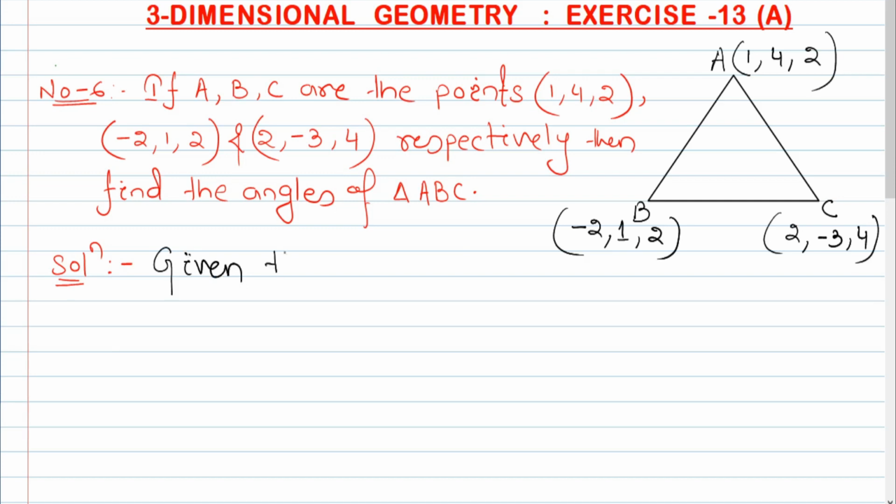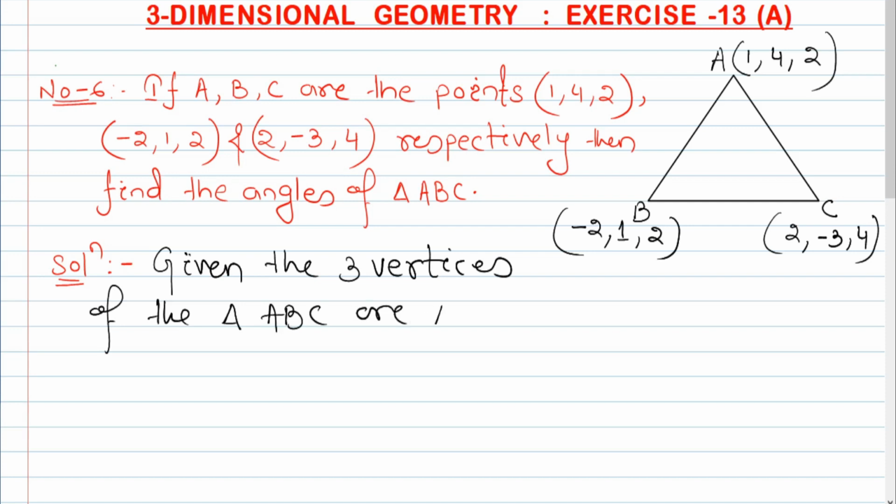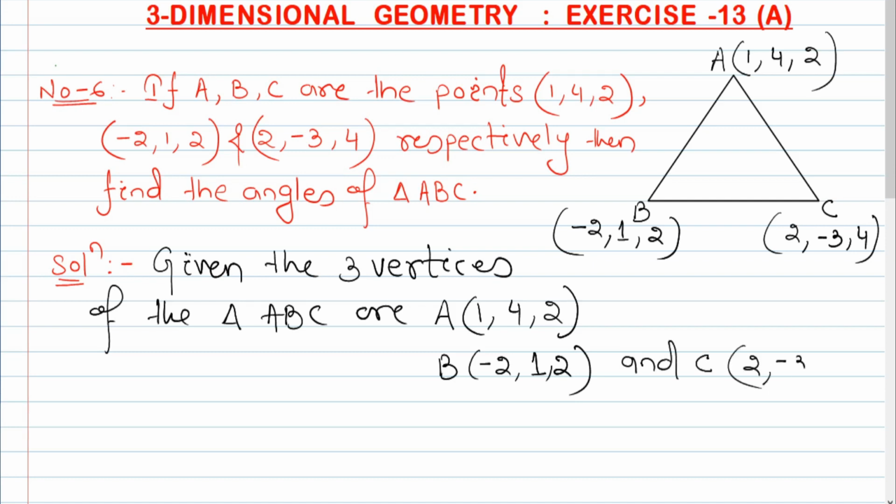Given the three vertices of the triangle ABC are A having the coordinates 1, 4, 2, B having the coordinates minus 2, 1, 2, and C having the coordinates 2, minus 3, 4.